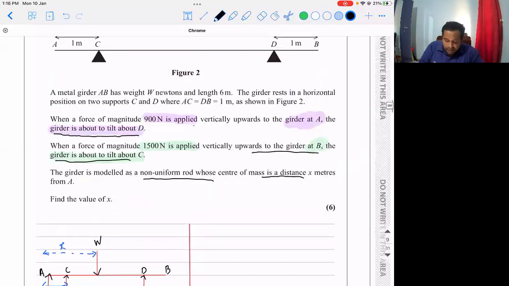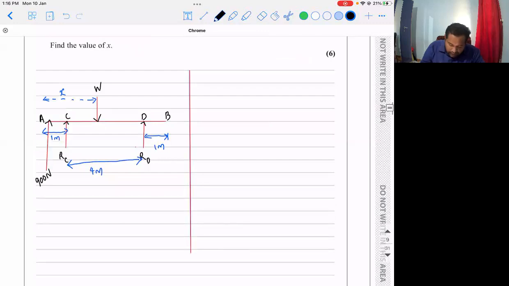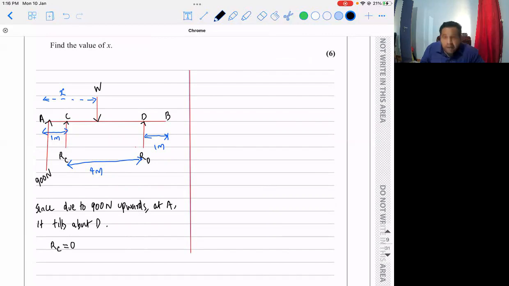At which point? About D. So since the 900 Newton upwards at A, it tilts about D.